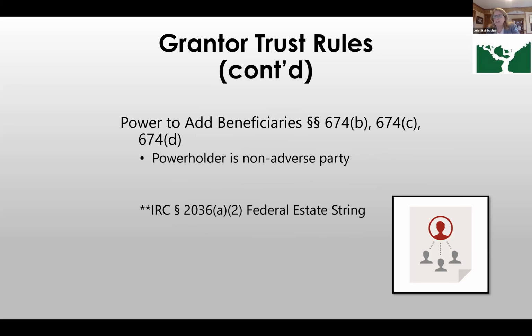It's a good power. It's a power people want. I mean, you can talk to my mom. My mom will tell you that she really likes her grandchildren better than Buddy and I, and she has set up her estate so they get it all. And what happens there is on 2036 of the federal code, that's what brings it back into the federal estate.